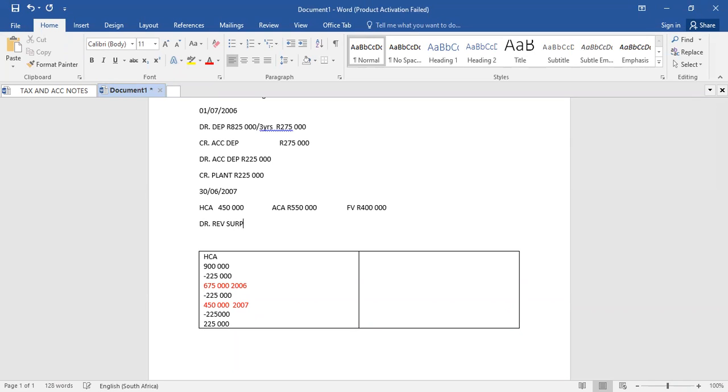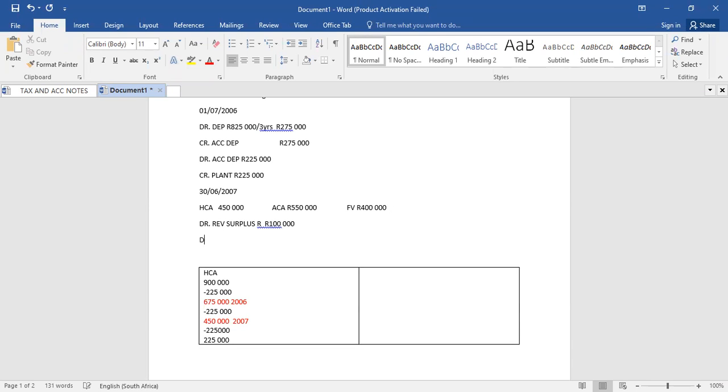Revaluation surplus reversal. The difference between ACA and HCA is 100,000.